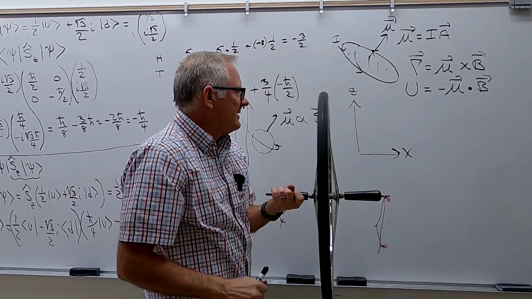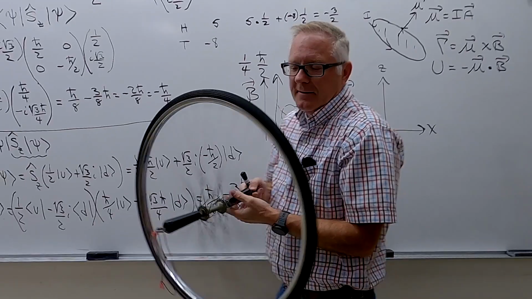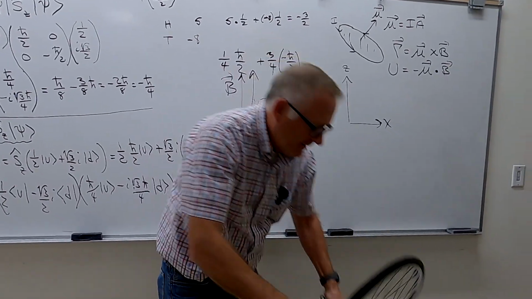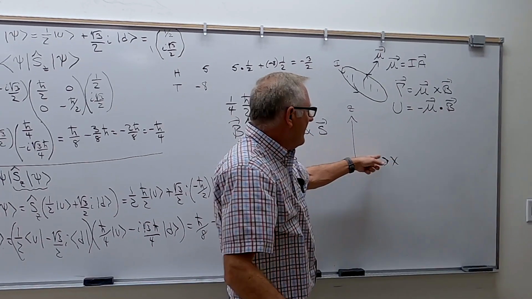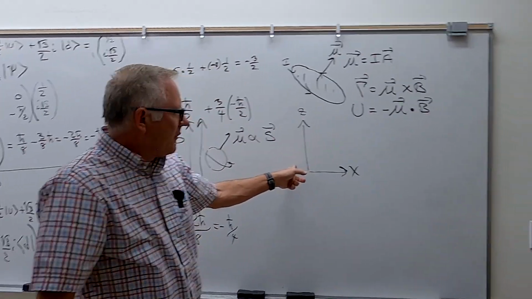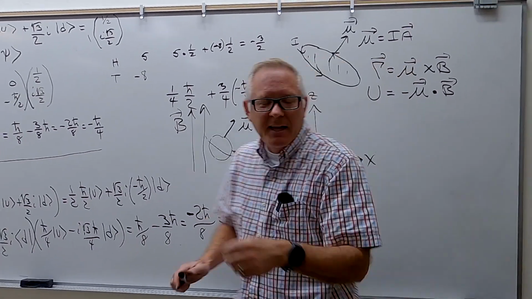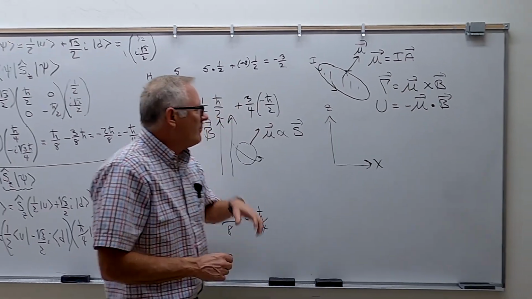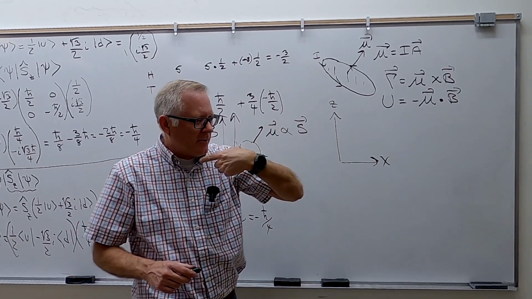What's this thing going to do? Once I put a torque on it, it's going to start going like this. That is, this state, which was all in the X direction, might all of a sudden become the Y direction, and then the minus X, and then the minus Y. So I have a way, when I put a magnetic field on this, to move the state around.